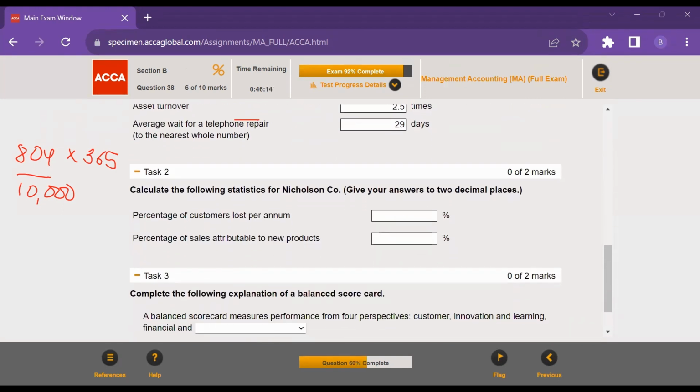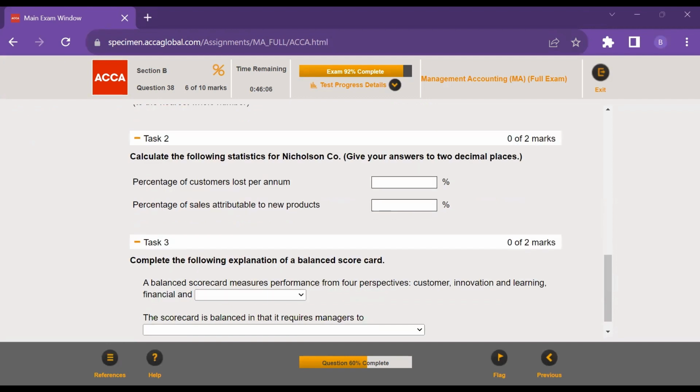Now moving on to task 2. Task 2 says, calculate the following statistics, give your answers to 2 decimal places. Percentage of customers lost per annum. So basically, how will we find that out? Number of customers that we are losing, and then dividing that by the total number of customers that we have.